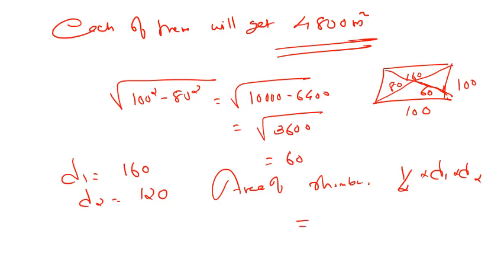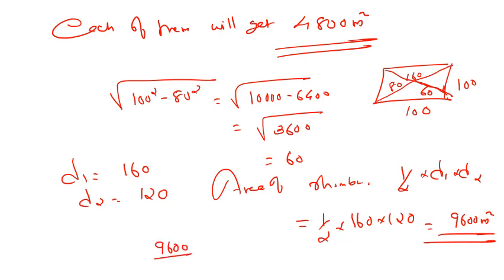Half into 160 into 120. So 9600 meters square. This is total area. So each of them will get 9600 by 2. What is 9600 by 2? 4800 meters square. This is the answer.